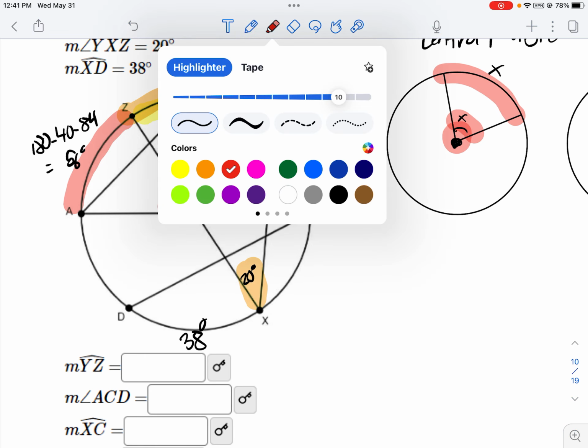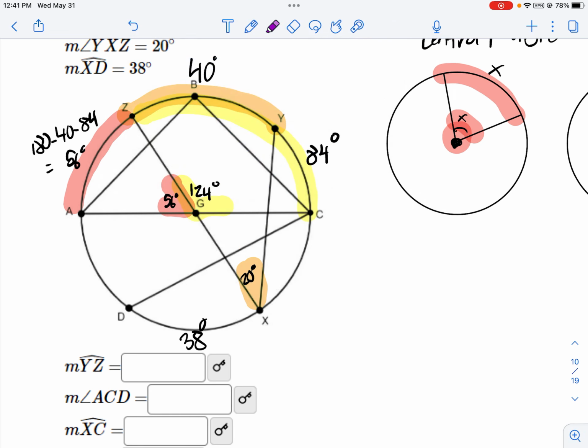And now we can even go one step further, because now you'll notice that we have that arc and that arc. That's just missing this central portion right there, which is another diameter, which means that that is another 180. So if we do another 180 minus our 56 minus the 38 degrees, we should be at what this next one is.